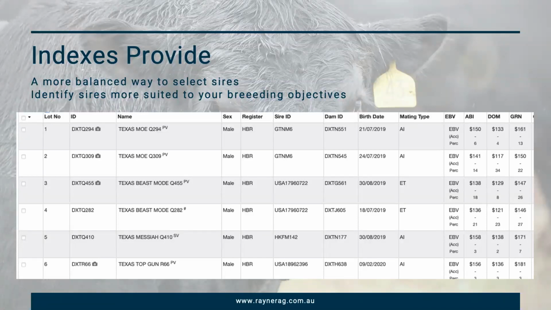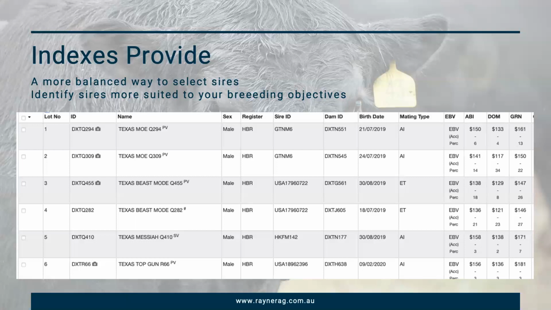Now, if you wanted then to place a little bit more emphasis yourself on a particular trait, you could go into that group of bulls that you've pre-ranked and resort them on your own particular traits. So if you wanted to have an animal that was still balanced for all the traits you're after, but was still a little bit lighter in birth weight and a little bit higher in calving ease because you thought you might use him over heifers, you could then find that instead of looking through 100 bulls, you've already sorted them down to 30 bulls.